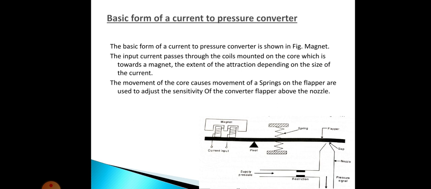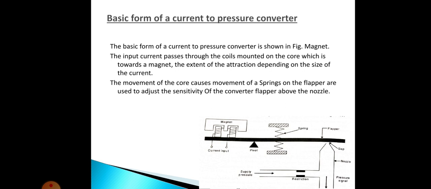So the movement of the core causes movement of the flapper. The flapper is this black straight piece; it will move up and down continuously. Next, springs on the flapper are used to adjust the sensitivity of the converter.